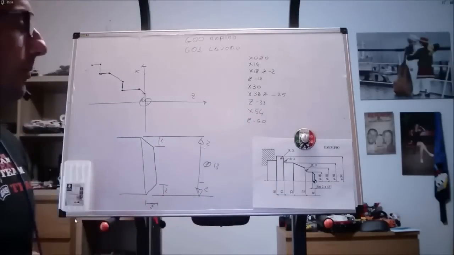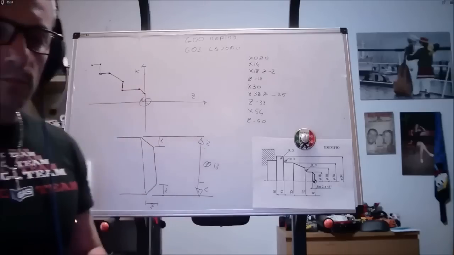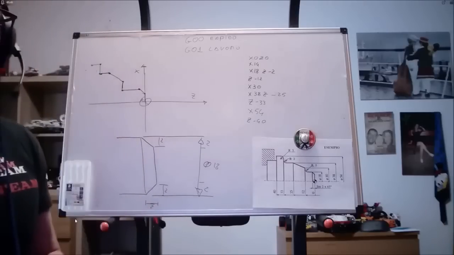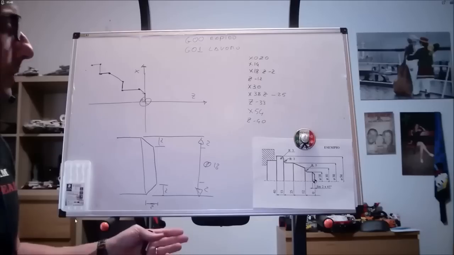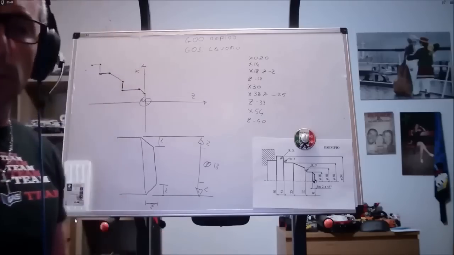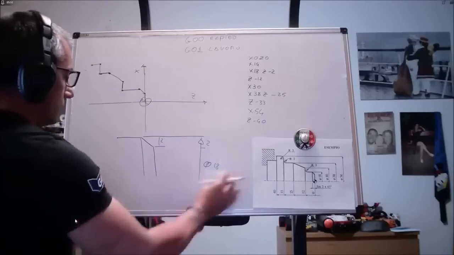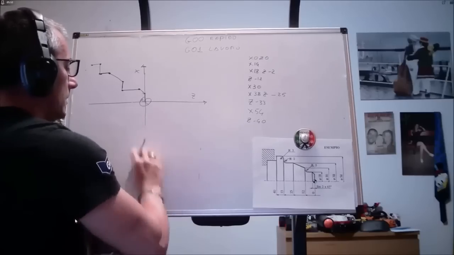So, we understood that G1 allows us to move in our work plane linearly. Obviously, our pieces are made of sections of straight lines and sections of circles, arcs, or fittings. So, we need to get started.